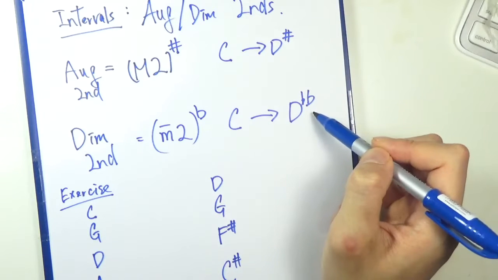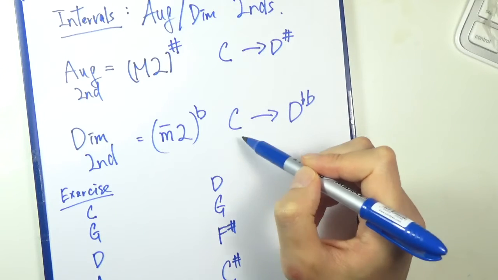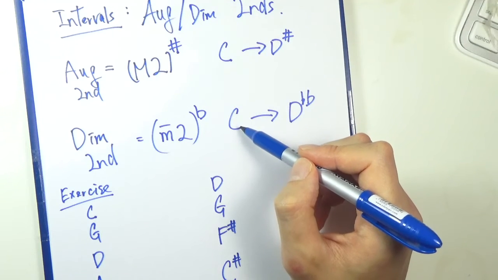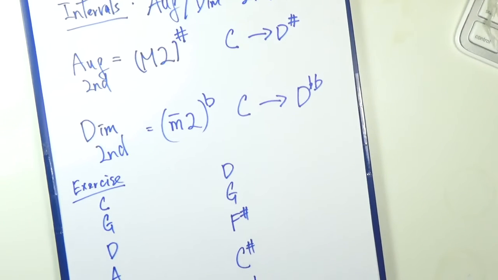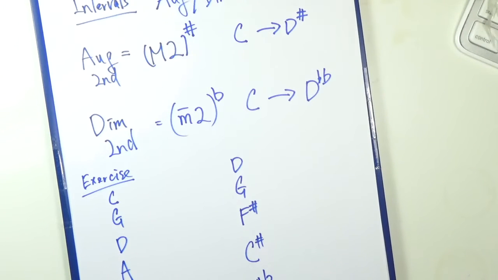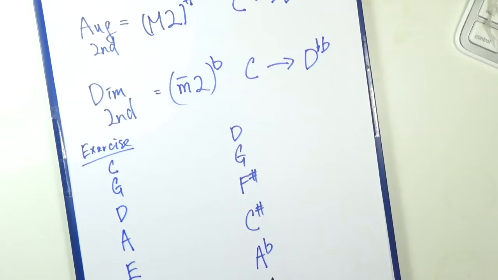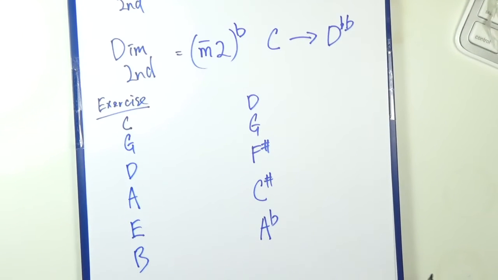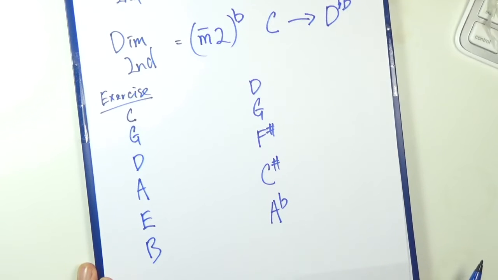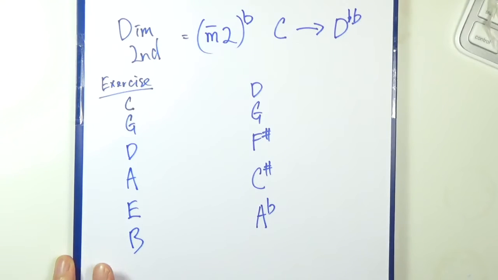Interestingly, a D double flat is really just the same pitch as the note C. So they actually have the same pitch, but on paper, theory-wise, they have a different notation, and we'll stick to that notation. Let's work out a few exercises quickly in this video.